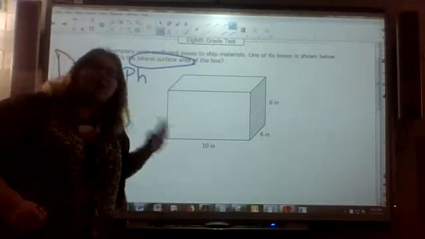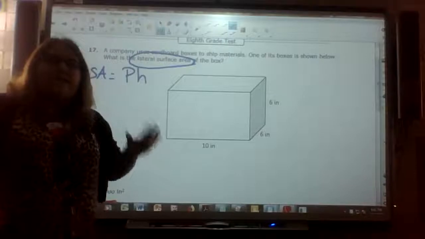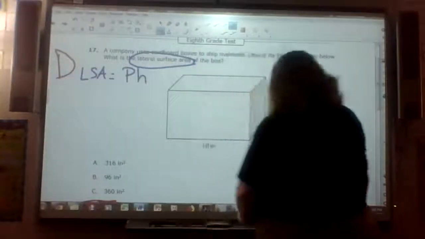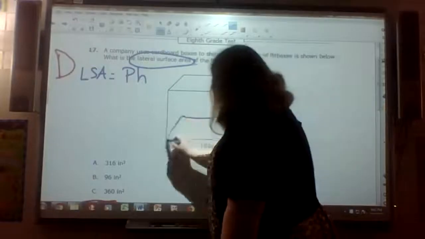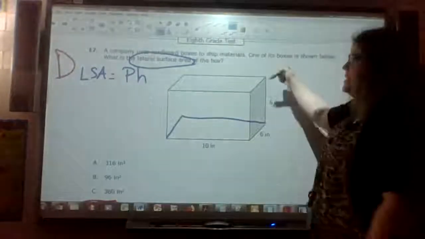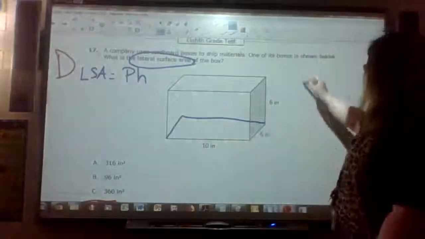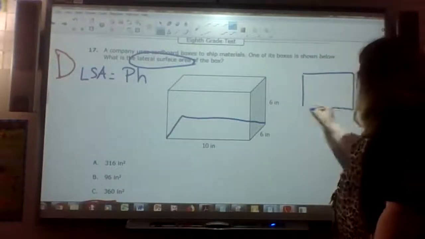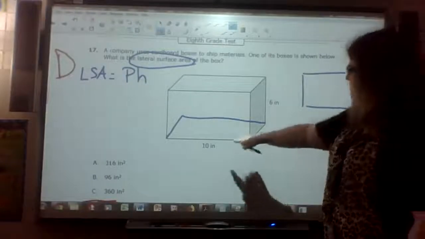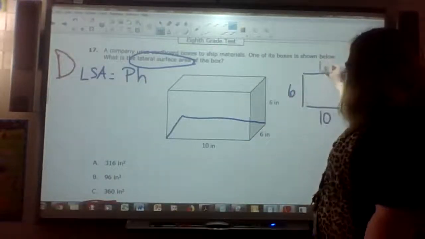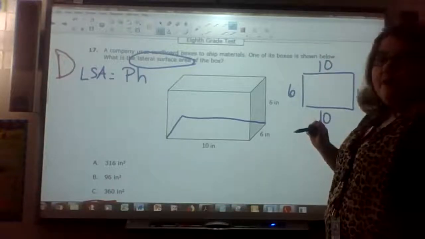I cannot solve this unless I draw my base. It didn't tell us what the base is, so we're going to assume it's the bottom. So I'm going to draw my rectangle. I'm going to label my base 10, 6, 6, 10, and I'm going to find my perimeter.